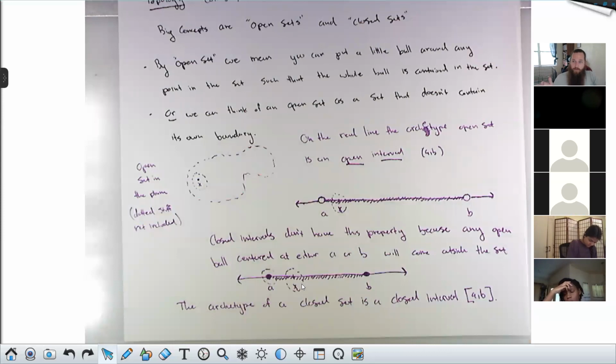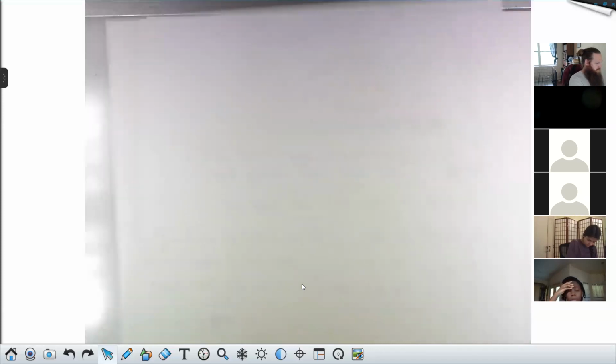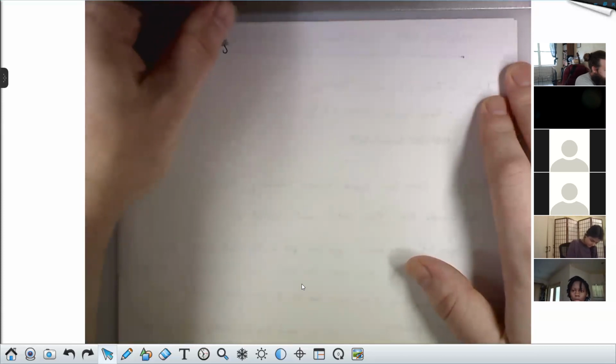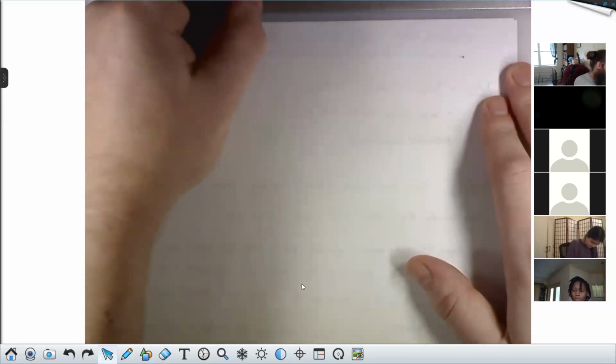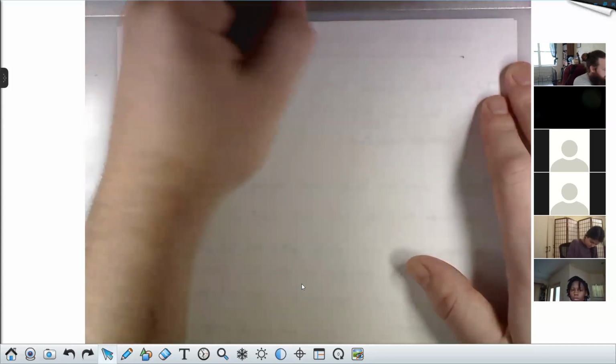Is it possible to connect each house to each utility without any of the utility lines crossing? This is a fun topology riddle. It's called the utilities problem.